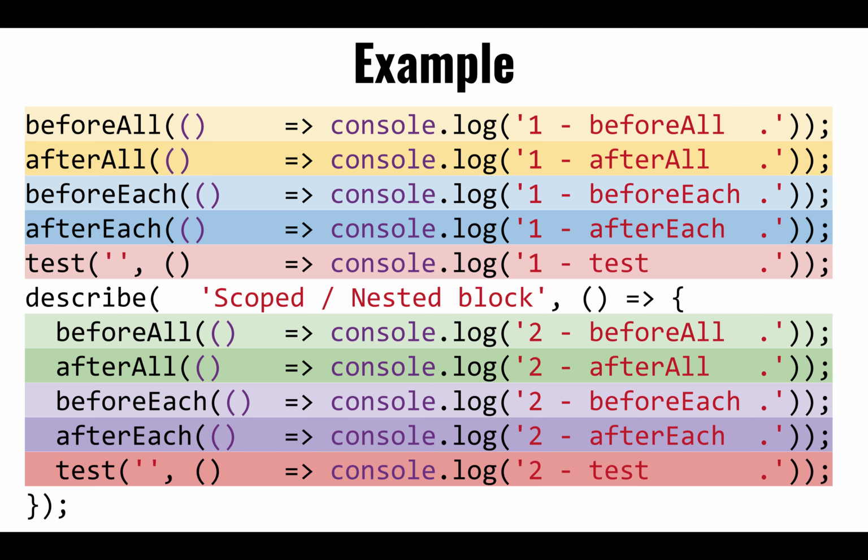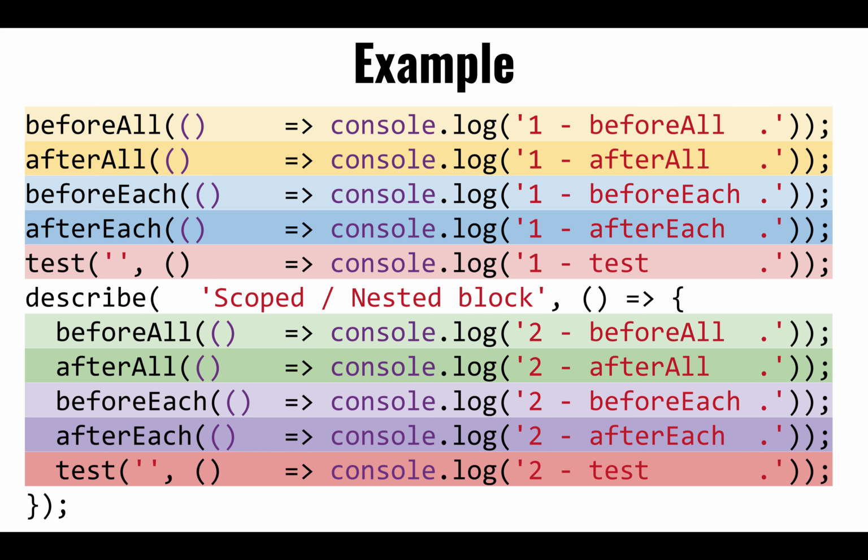And then the actual test. Now this test is outside of the describe, so it's just its own thing. Whereas in the describe, we have the same thing again: before all, after all, before each, and after each, and then a test inside of the describe. Make sense?